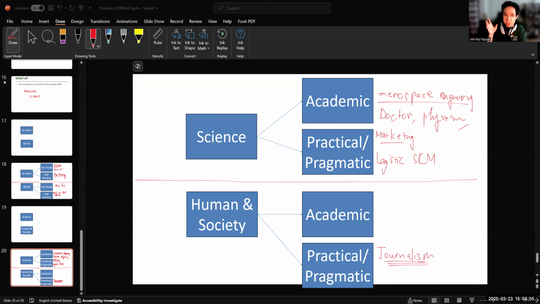So the knowledge here is not hard to conceptualize. Ah, so now I'll learn how to produce a TV program or a national program. So it's very easy to imagine what a journalist would do, and the type of knowledge is not that technical. I don't say it's easy, it's just not extremely or heavily technical.